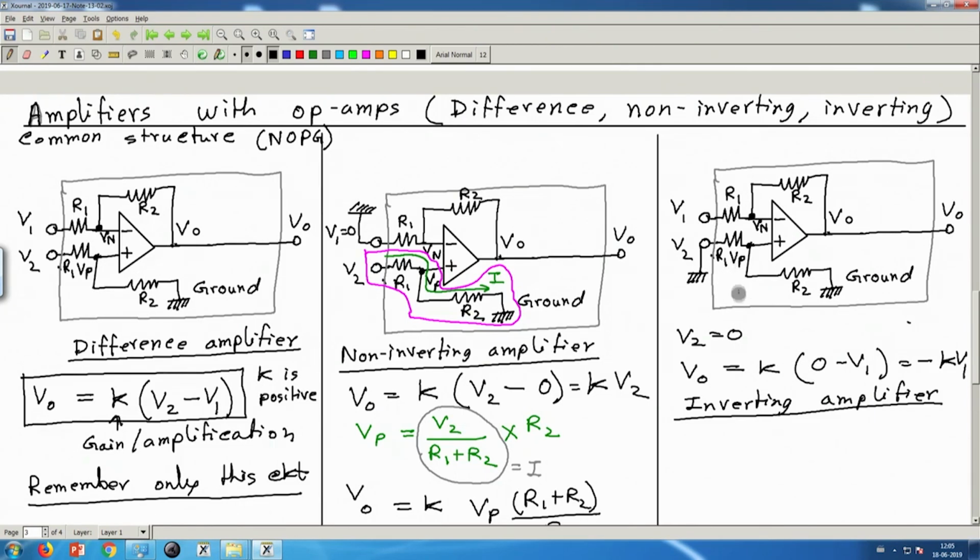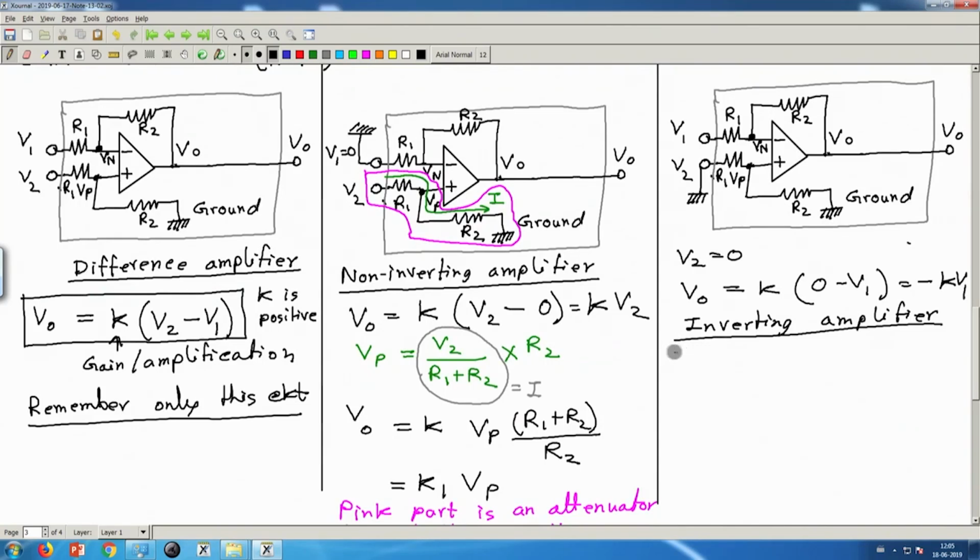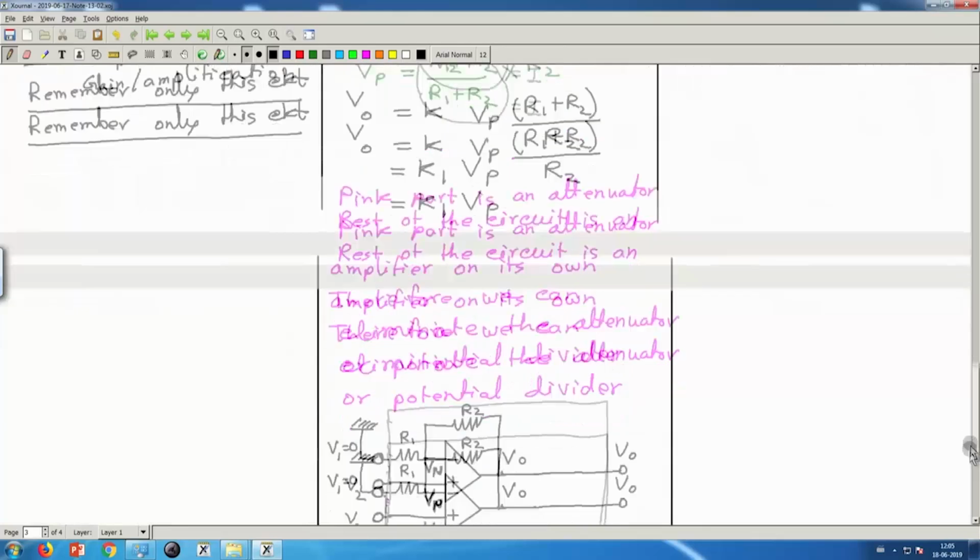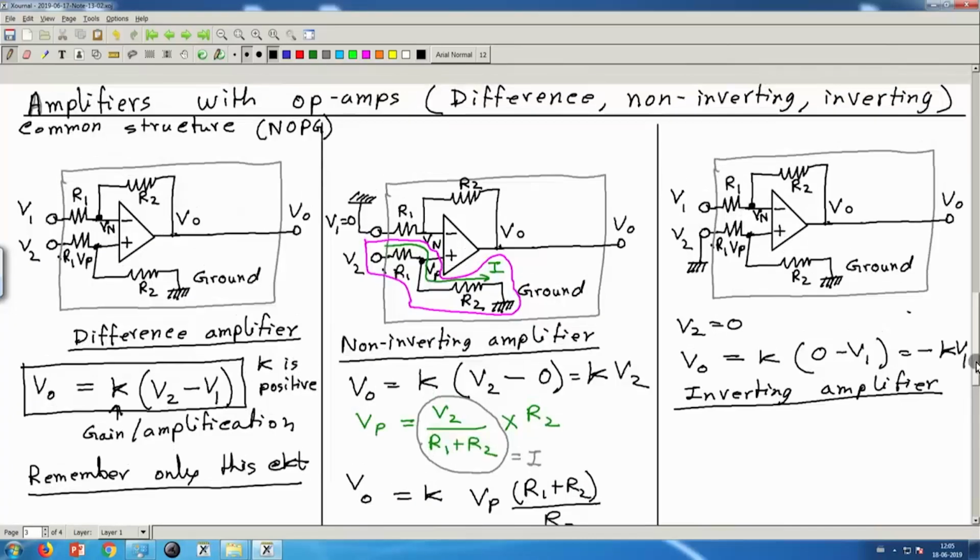Now can we simplify this circuit? Like we did some simplification from here to here, can we also do some simplification here? Yes, you see that this point is at 0 potential, and this point is at 0 potential. So what will be the potential here? Somewhere in between 0 and 0. Once again you can apply the potential divider rule.